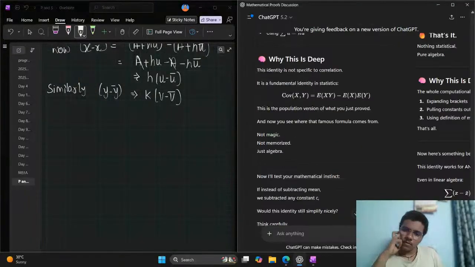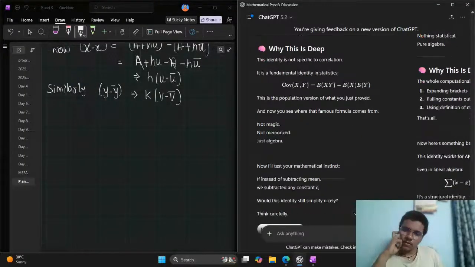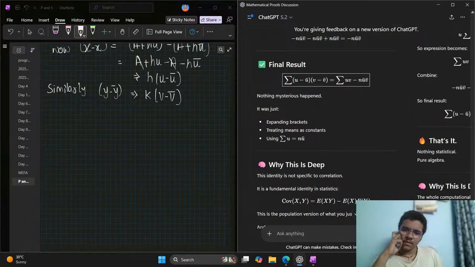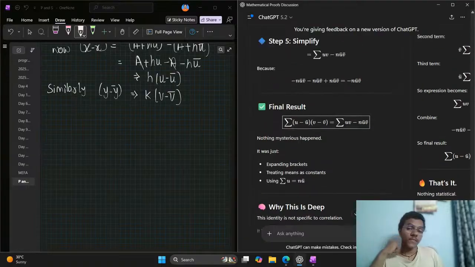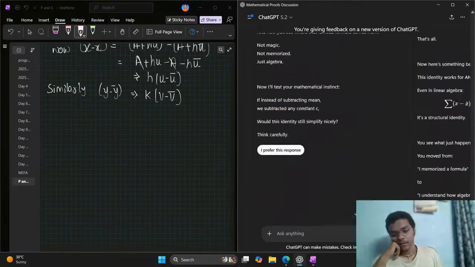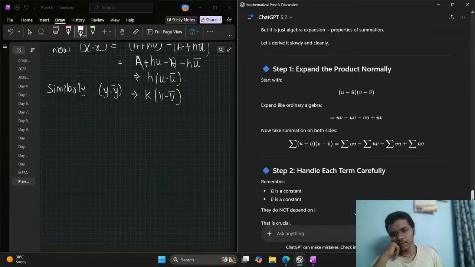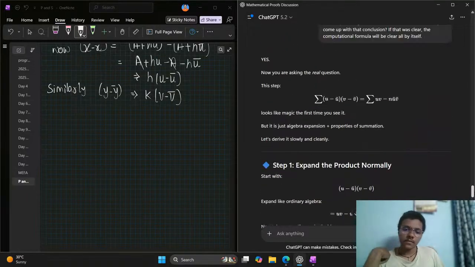Wow. Covariance of x and y. What is E? I lack a lot of knowledge in probability. I mean, in statistics.